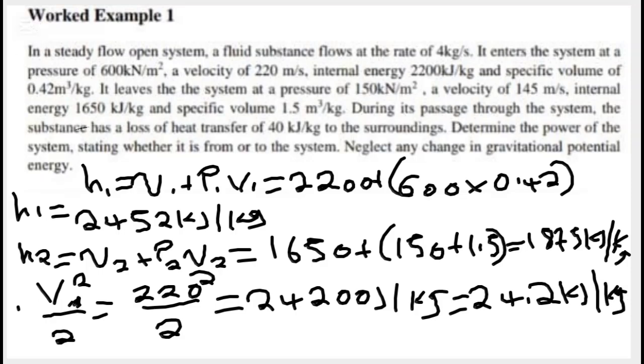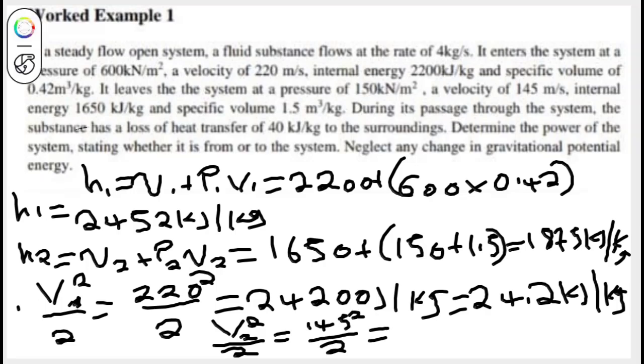So the next thing, which is V2 squared by 2. What will be our V2? V2, which is 145 squared, 145 squared by 2. So after then I'll get 10512.5.